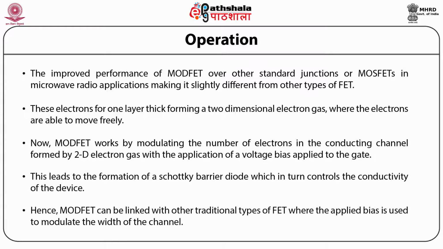So this in turn controls the conductivity of the device, which can be compared to the more traditional types of FET, where the width of the channel is changed by the applied bias at the gate.